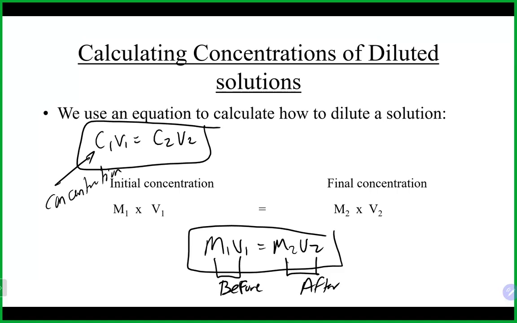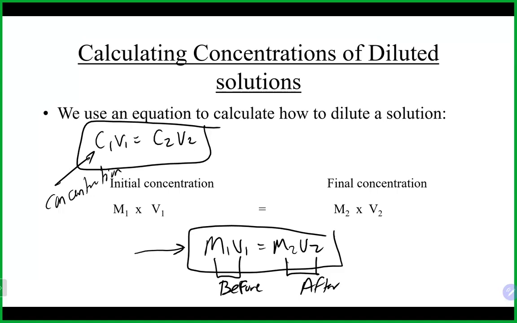We talked about percent mass to mass earlier, percent volume to volume, percent mass to volume. You technically could use this equation with those units as well. Most people go with the molarity version, like I said, because most of the time your concentration is going to be molarity. But technically speaking, as long as the concentration units are the same on both sides, you could use any concentration unit you want.